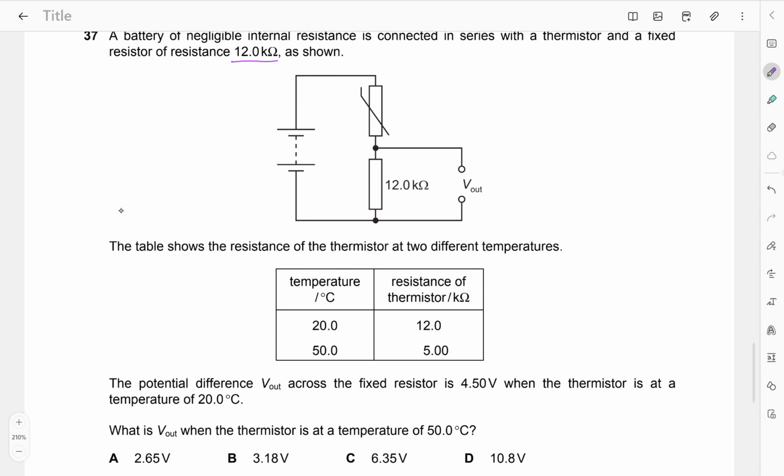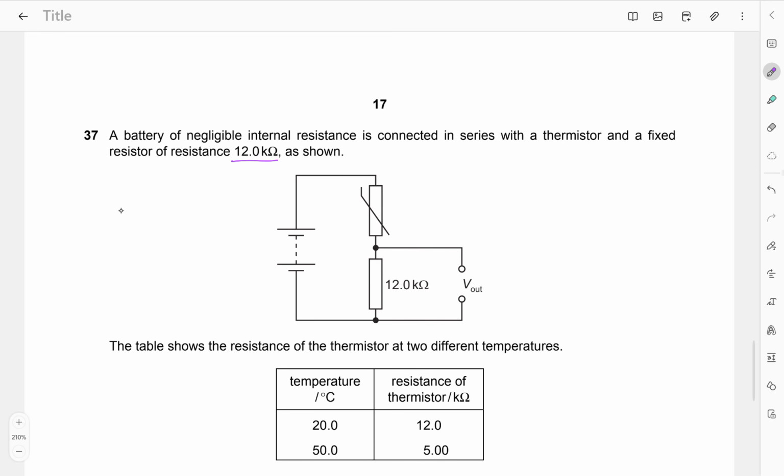The potential difference V out across the fixed resistor is 4.5 volts when the thermistor is at a temperature of 20. Remember the potential divider formula? V out is equal to R1 over R1 plus R2 times the voltage supply. I'll call it Vs. So when the V out is 4.5, the resistance is 12 for the fixed resistor.